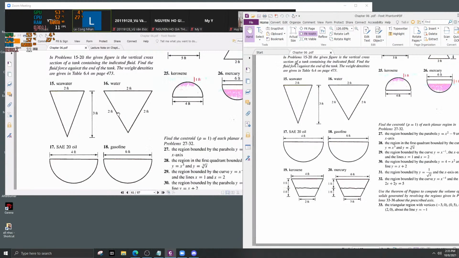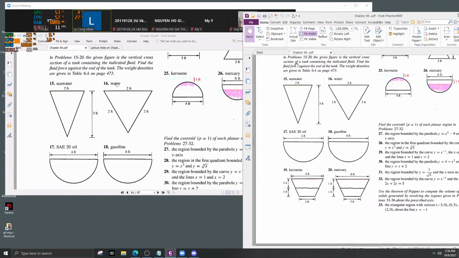So in this problem, we have the vertical cross section of the tank containing the indicated fluid. Find the fluid force against one end of the tank, and we know the weight density given in Table 6.4 on page 473.